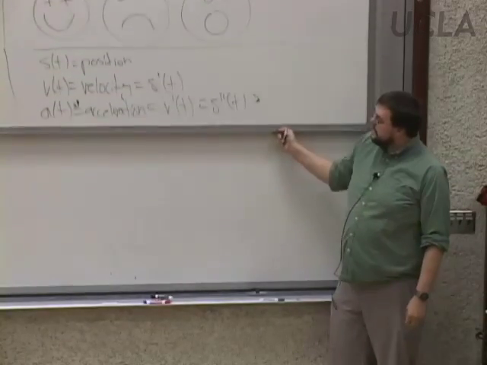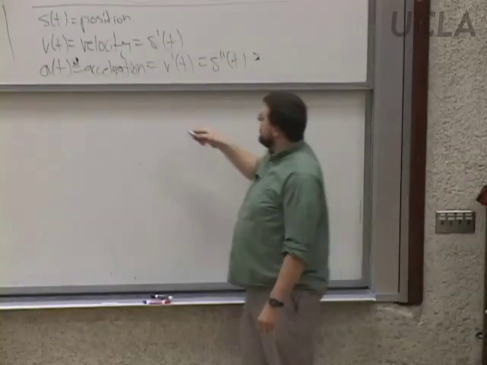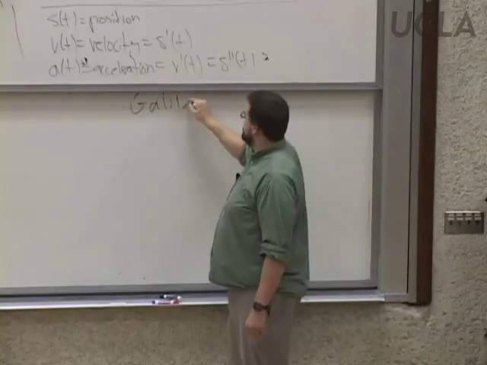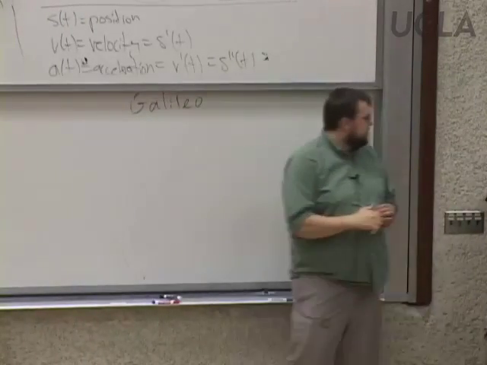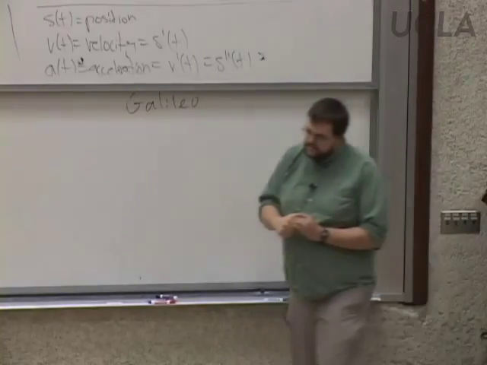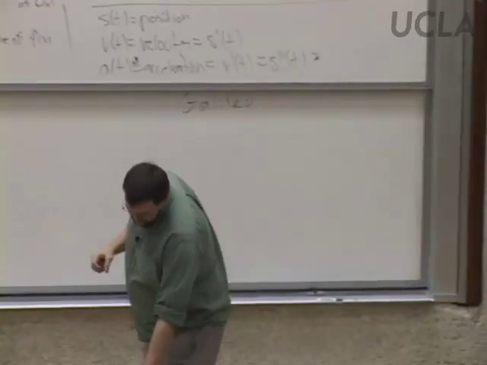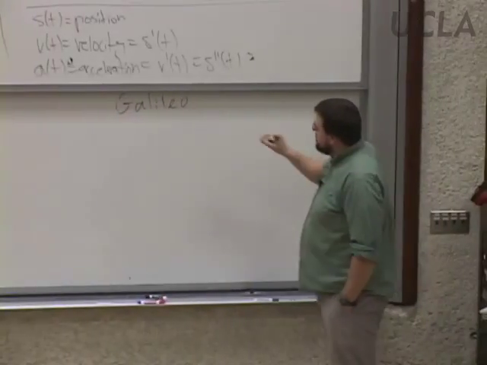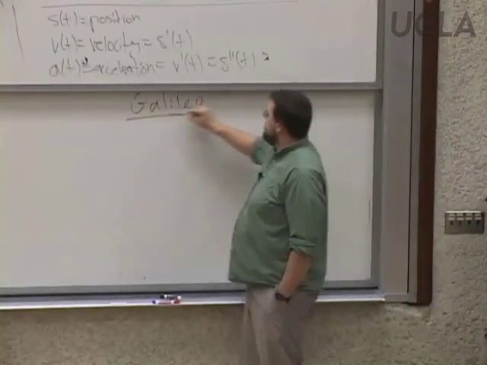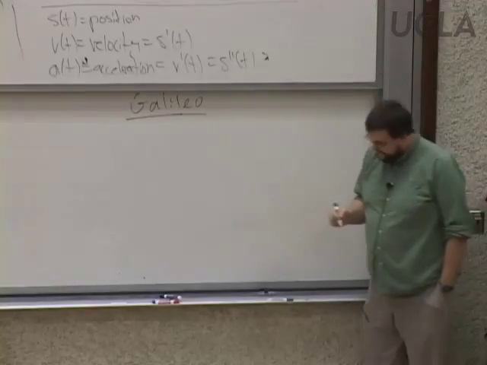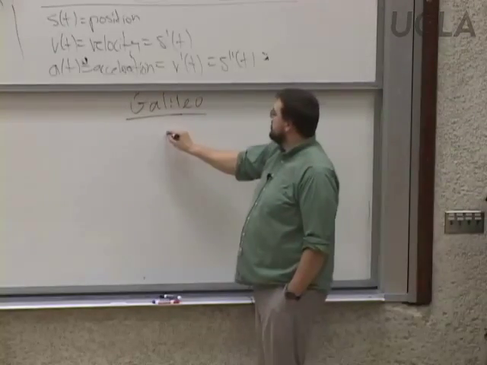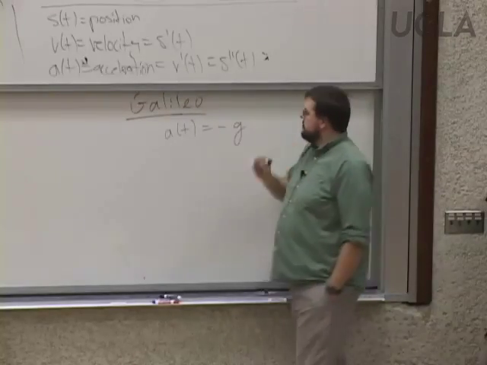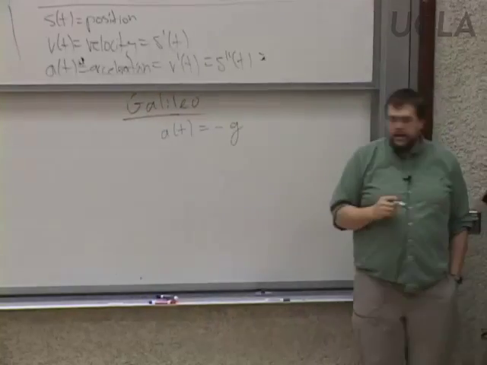So Galileo observed something. Hopefully I spelled Galileo right, assuming I spelled it right here. Okay, so what did he observe? Well, he observed that if we look at things here on Earth, acceleration essentially is constant. And he called it g. Well, I don't know if he called it g, but we call it g now.